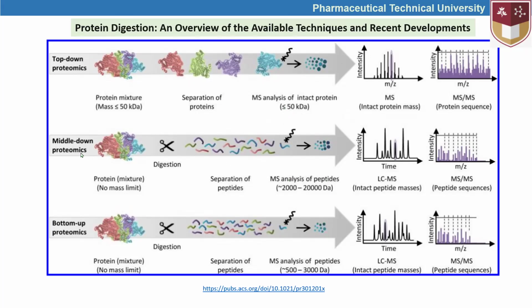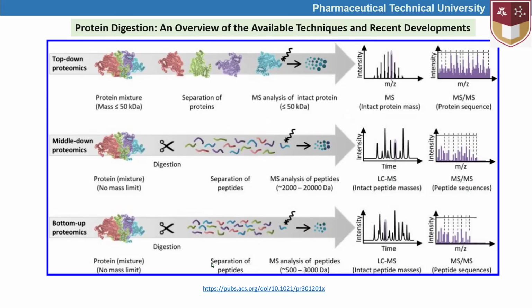So in middle-down proteomics, the enzymes are used to digest, and molecular masses from 2,000 to 20,000 daltons can be studied, both by using LC-MS and LC-MS/MS approaches.